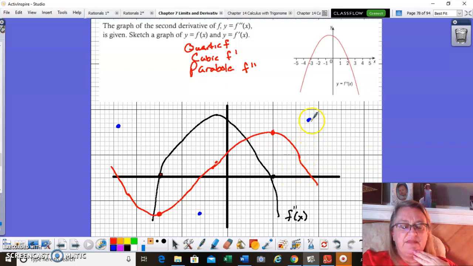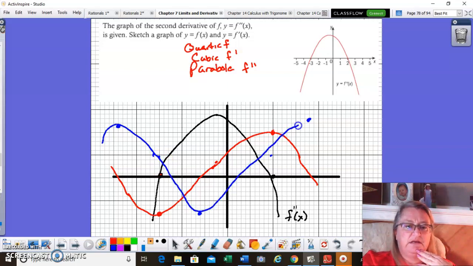And anytime that the second derivative is equal to 0, it would be a point of inflection, so that means this is a point of inflection. So you can see this is the shape of the quartic function we were expecting.